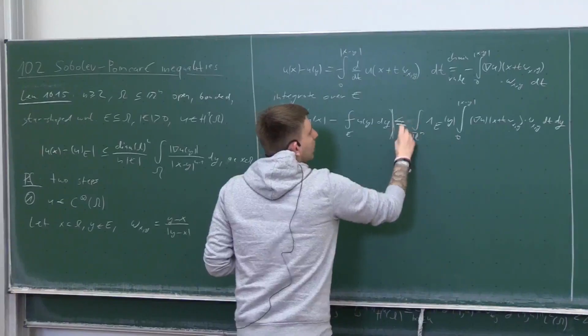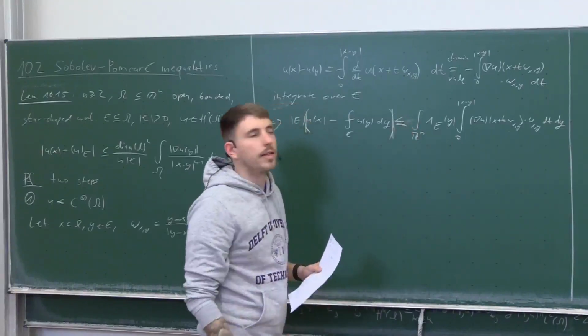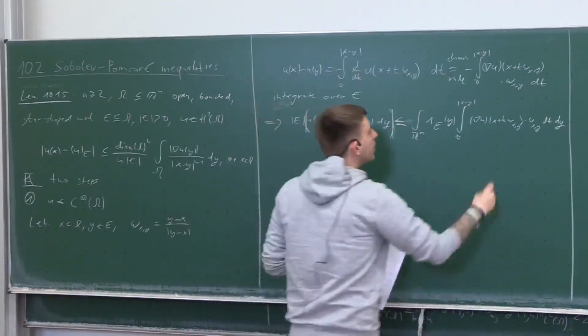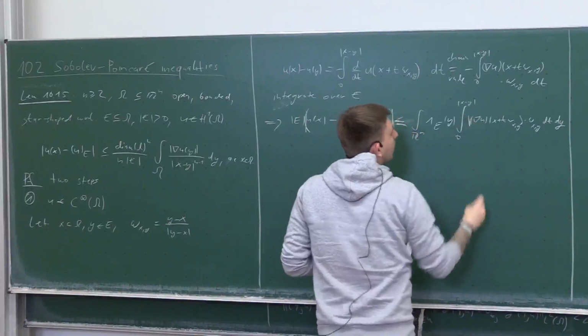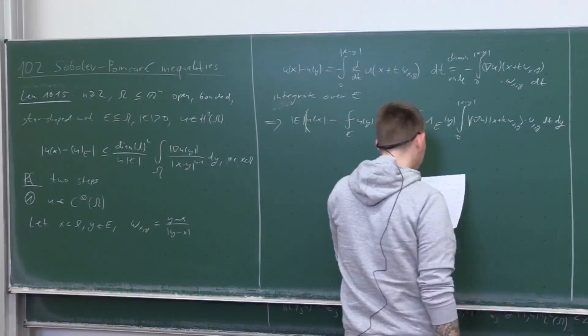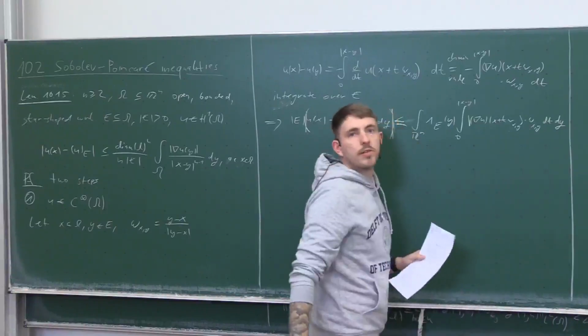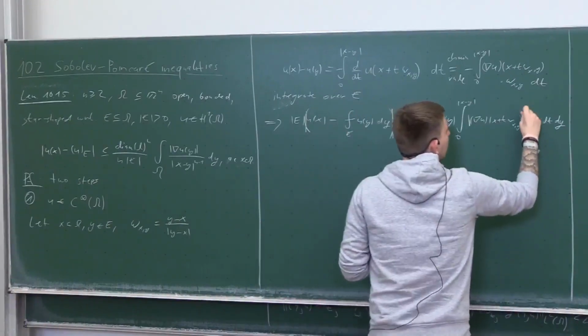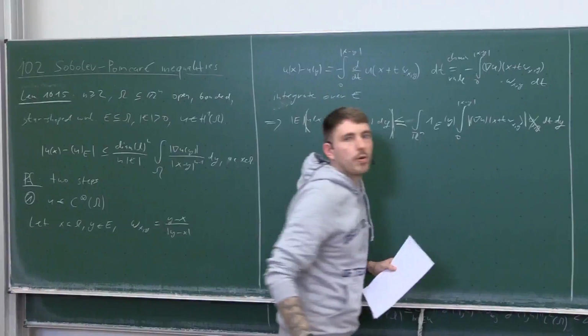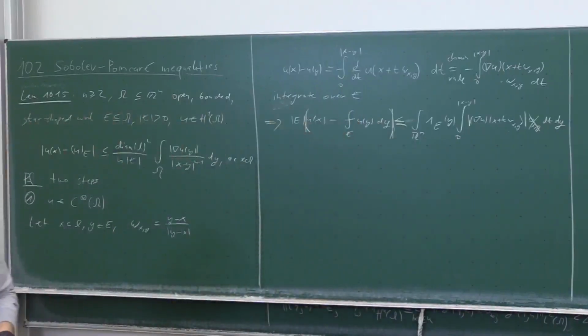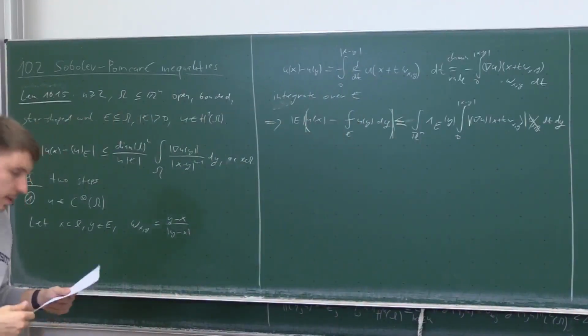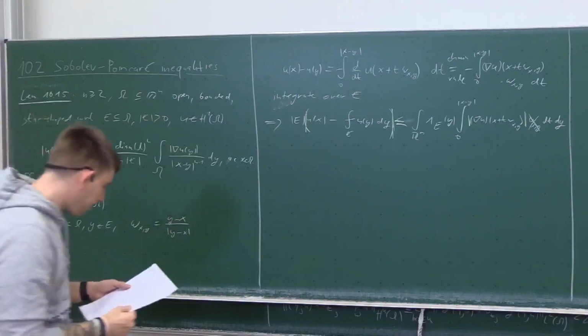I make it a less or equal, and I can pull it inside the integral by the triangle inequality. So I will also get absolute values here. The absolute value will kill this because it's a unit vector. Okay, and this is the expression that I want to further manipulate.